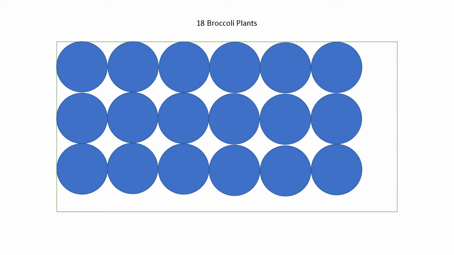Now in reality, you could probably plant so that it would go over the line slightly, and you may be able to say, well, you could fit another row there on the right hand side, but for the purpose of this assignment and just this example, we're going to recognize that we don't want to go over the line at all. And if that's the case, then the max that we can fit is 18 plants.